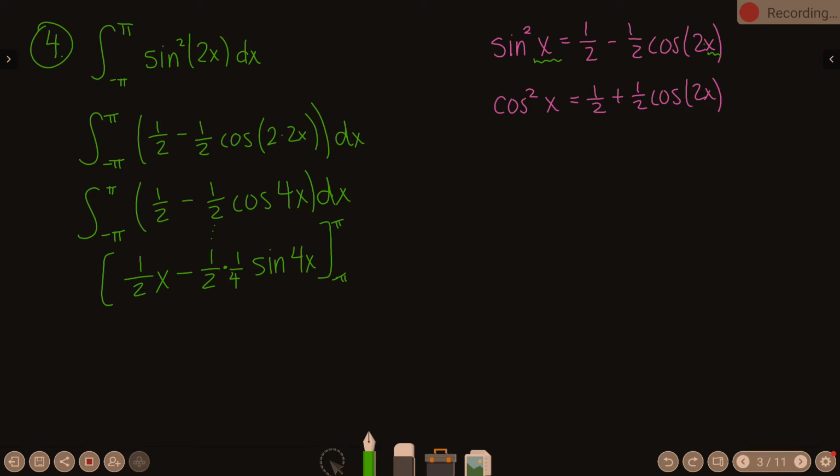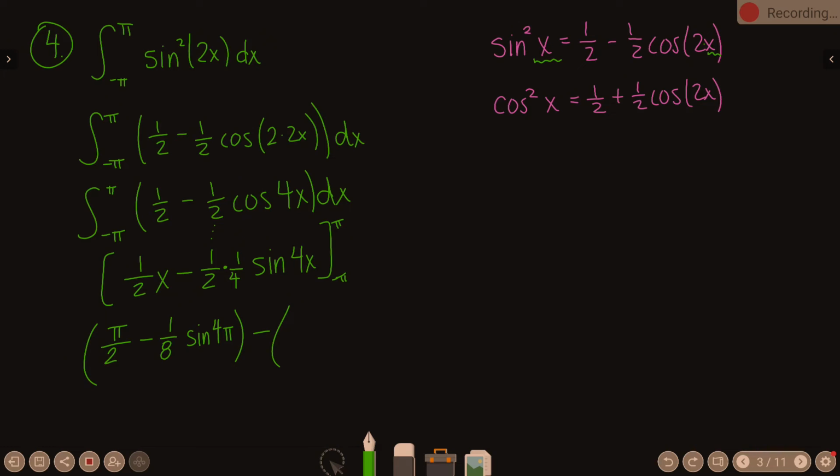Okay? And this is one of those things, if we knew what the graph looked like, maybe it's symmetric and we can do 2 times 0 to pi. But that only works if we know what the graph looks like, right? So if I plug in 1/2 times pi, I'm going to call that pi over 2, minus 1/8 sine of 4 pi, minus, then the quantity.